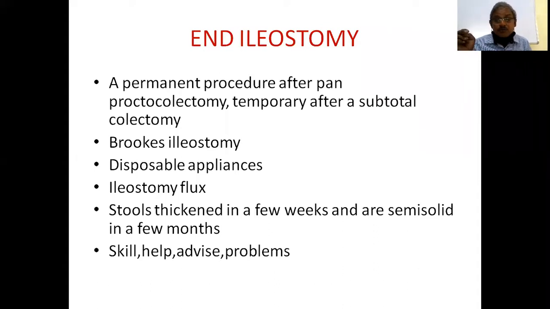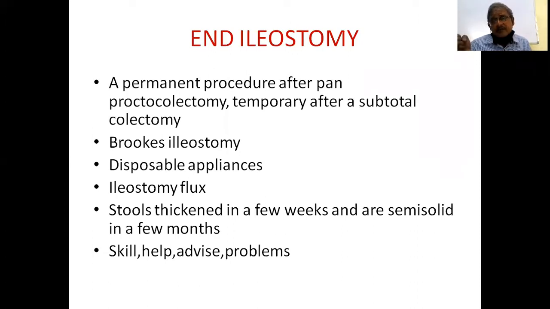Second thing is disposable appliances. For ileostomies, disposable appliances come in 1 or 2 pieces, and they are emptied frequently, like 3 to 4 times per day. The golden rule is that once the external appliance is filled to 1/3 of its extent, it will be disposed of by the patient.